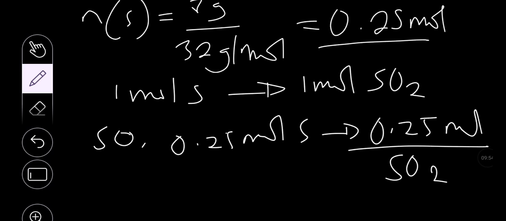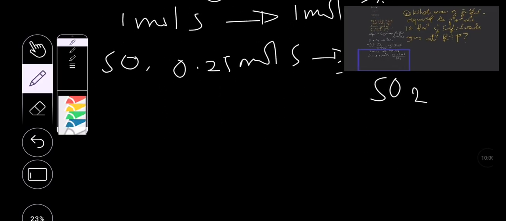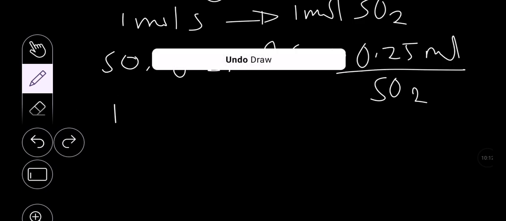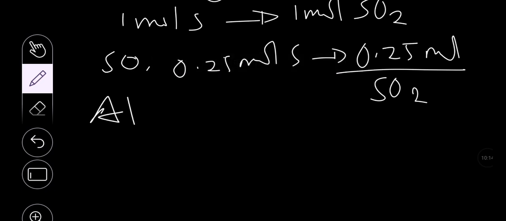Now, from here, what are we going to do? We are going to find our volume. Remember, we are given a key. What is the key? The key is room temperature and pressure. So at RTP, what do we know?